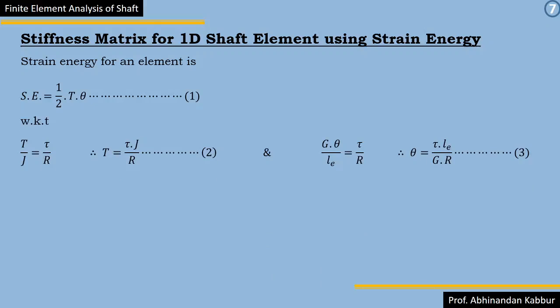Now from the torsion equation, we know that T by J is equal to tau by R, where T is the applied torque, J is the polar moment of inertia, tau is the shear stress, and R is the radius of the shaft.